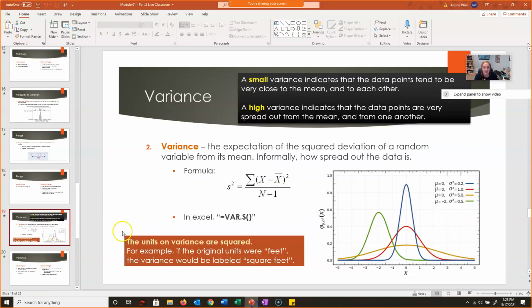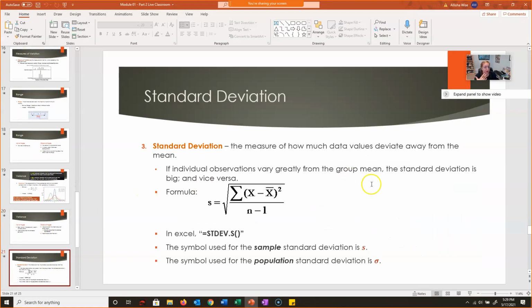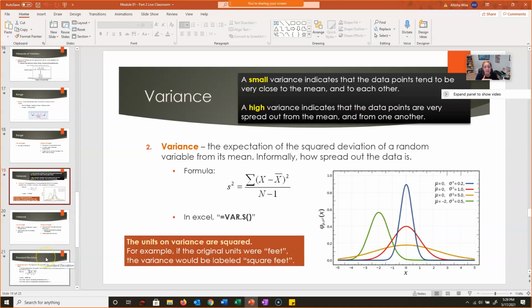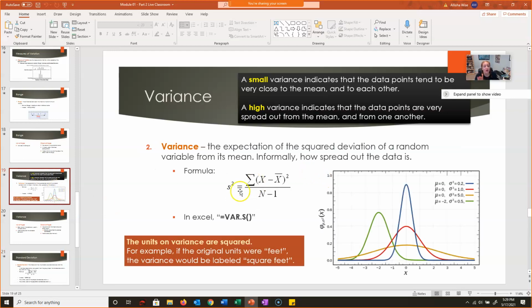Now, standard deviation is very similar to variance. It talks about how much the data deviates away from the mean or how spread out the data is. It sounds like the same definition as variance because the numbers actually come from one another. Standard deviation is the square root of the variance.